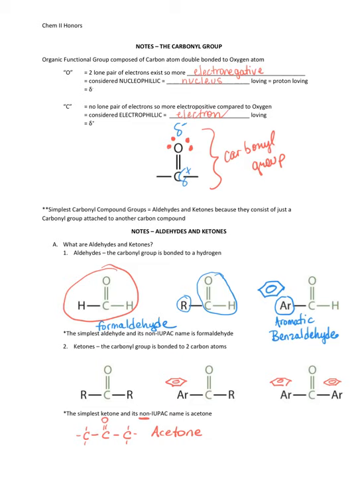If we go right back to left, they'd be on 2 and 4. So either way, they are on 2 and 4. So we are going to call this 2,4-dimethyl pentanone.